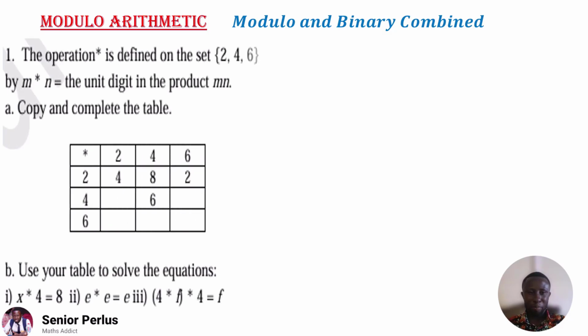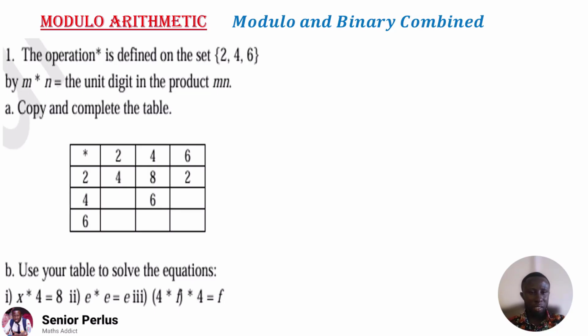Our third example under Modulo Arithmetic. So we are still on Modulo Arithmetic Table, and we are going to do it modulo plus binary combine. So this is a question, and this is even a past question.